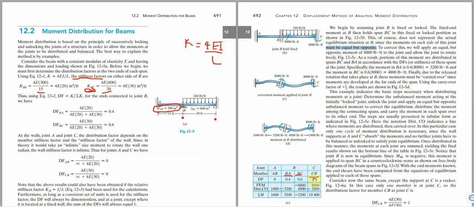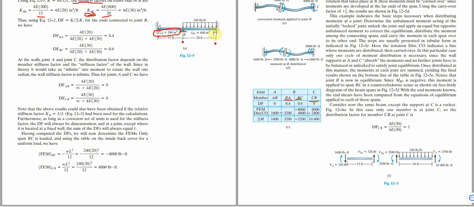Now, having done that, I told you the last time that I will first put our normally calculated fixed end moment, which is minus 8,000 and 8,000. In this table here, we have realized that this side is taking 3,200 and this side is taking 4,800 out of the total 8,000.